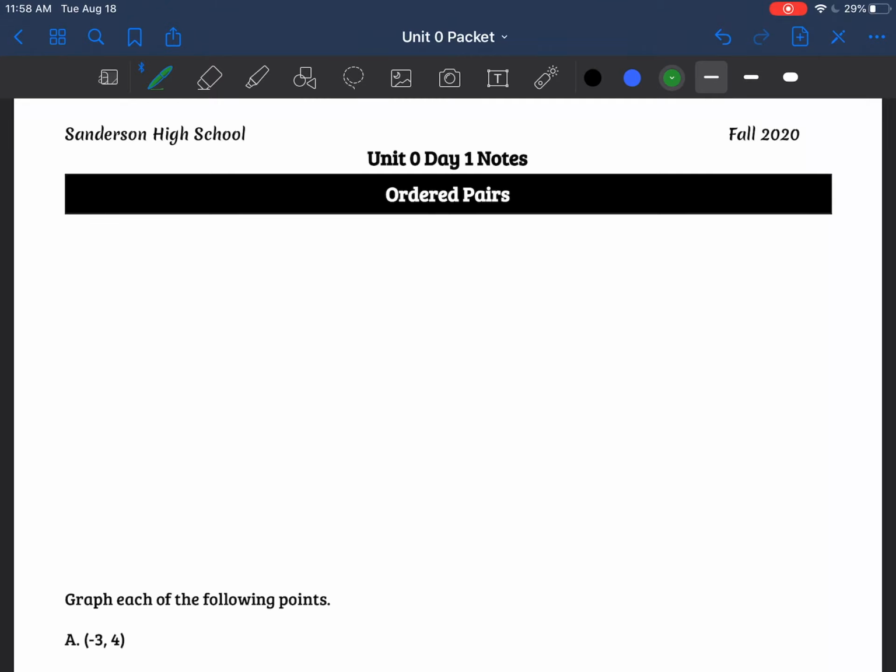When we talk about ordered pairs, we are talking about graphing on what we call the coordinate plane. And the coordinate plane is made up of two axes. So we're going to have one axis that runs side to side, and we call that the x-axis.